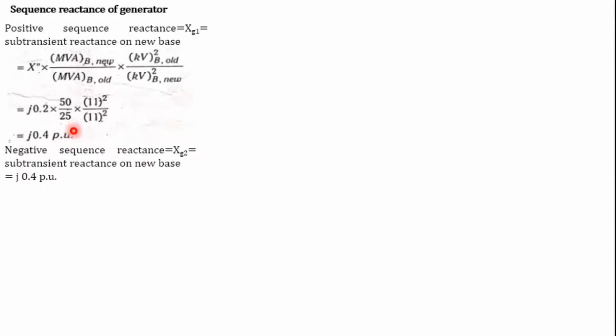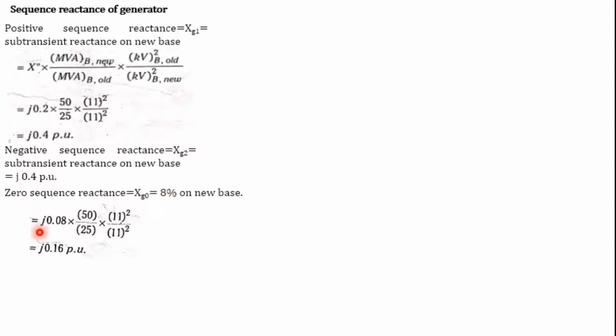Similarly, the negative is the same as the positive, so there is no need to calculate it: it is 0.4. The zero sequence reactance of the generators is 8 percent, so we consider 0.08. With MVA 50 over 25 and the voltage 11 by 11, we get 0.16 per unit.